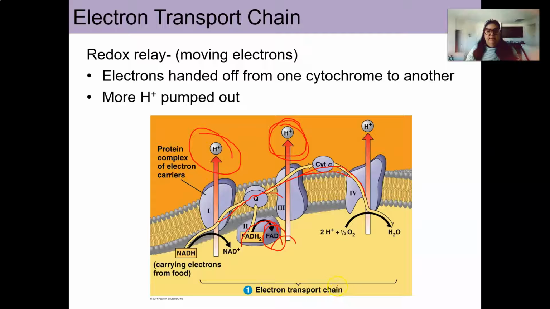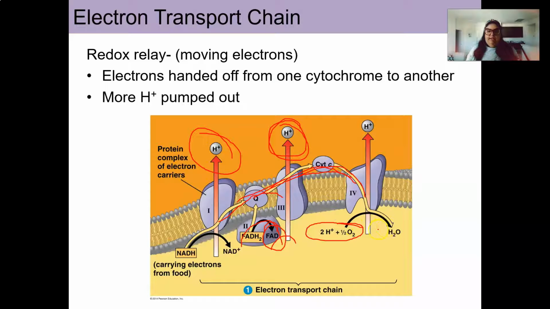And that's the transport chain. It's called a chain because there are several proteins in a chain, and the electrons get to move through the chain.